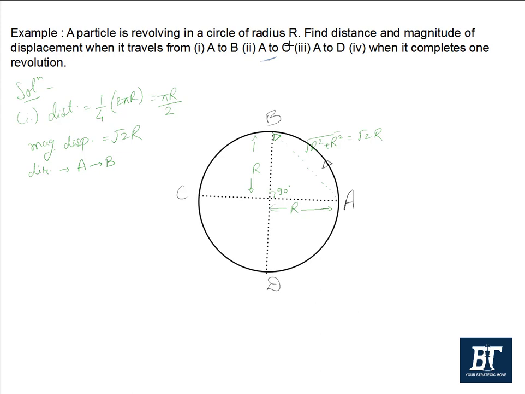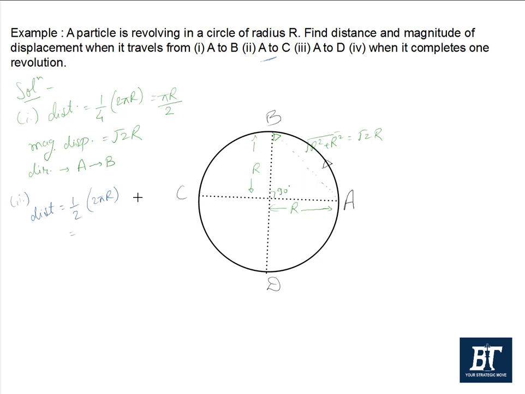In the second part of the question, we have to find distance and magnitude of displacement when the particle is moving from point A to C. We know that the distance of this part will be 1 by 2 times the circumference, because it is a semicircle.